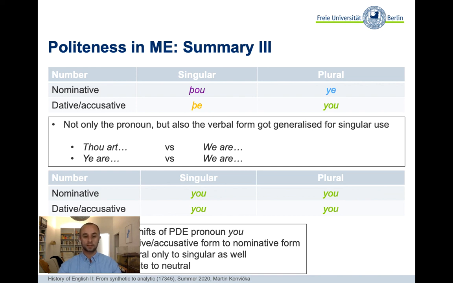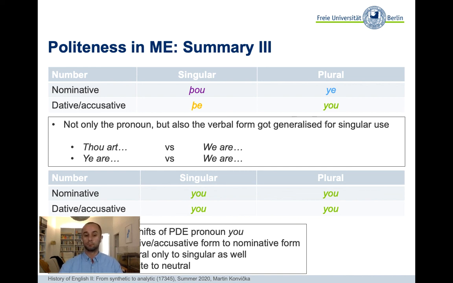So if we compare the pronominal system of present-day English and Middle English, we actually see three functional shifts. First, we go from the dative accusative, so-called object form, to the nominative form. So "you" was originally not the nominative form, and it becomes the nominative form.